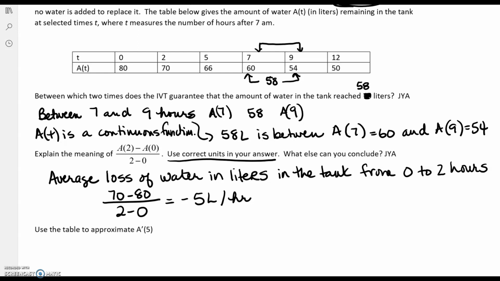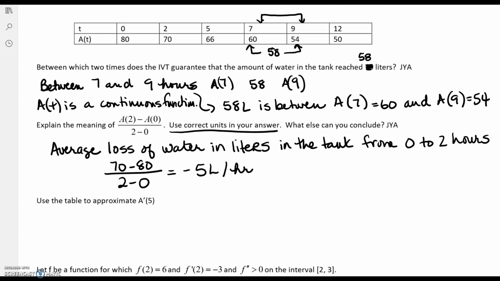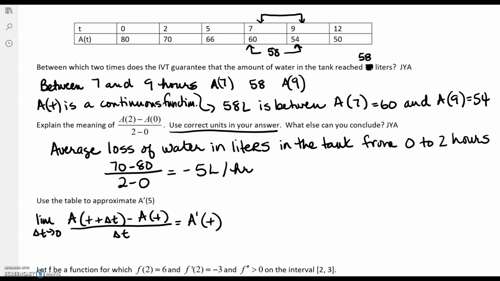Use the table to approximate A prime of 5. And this gets a little bit ambiguous. I'll be real honest with you. You know that if I put the limit, instead of delta x, I'm going to use delta t approaches 0 of A(t plus delta t) minus A(t) all over change in t, that would give me A prime of t.